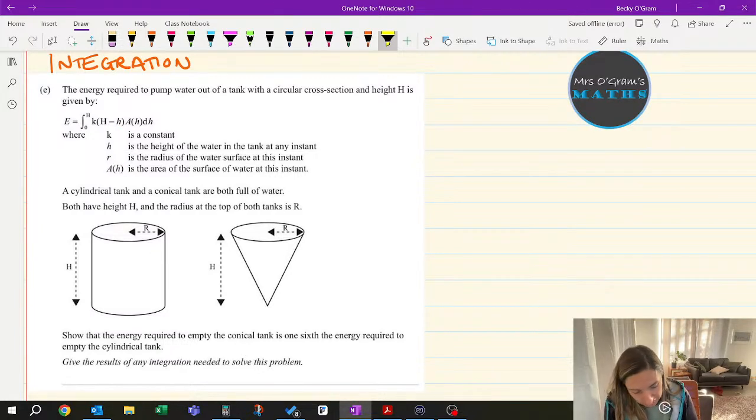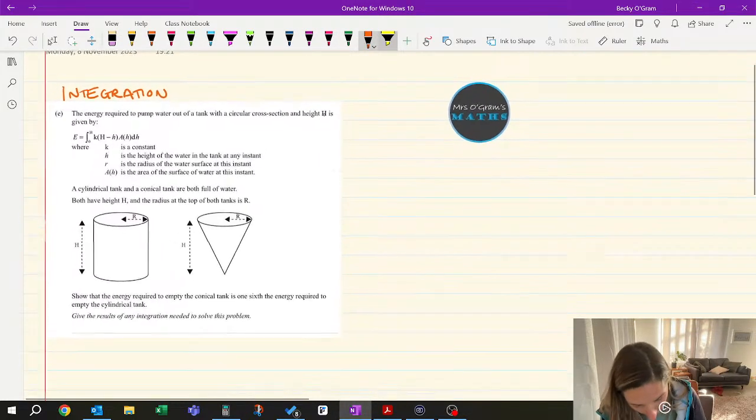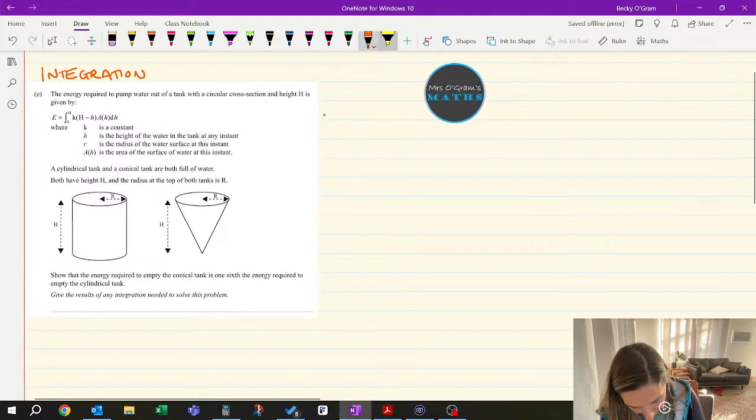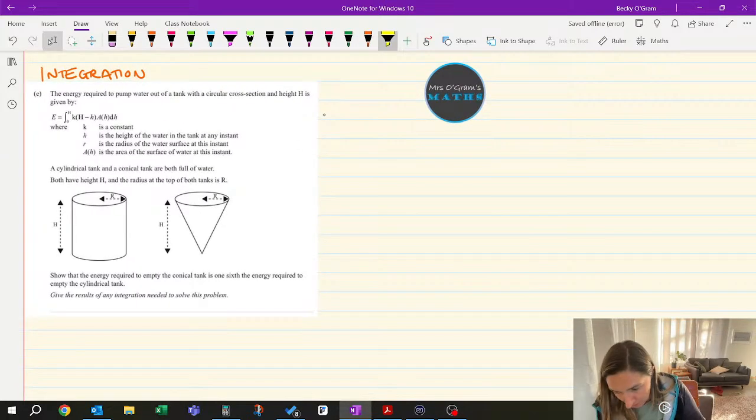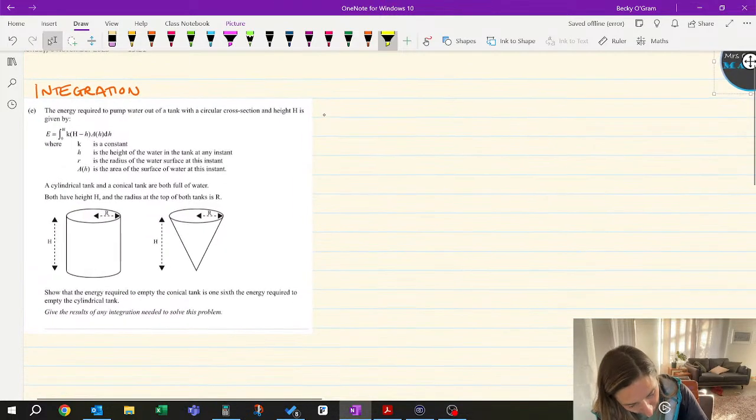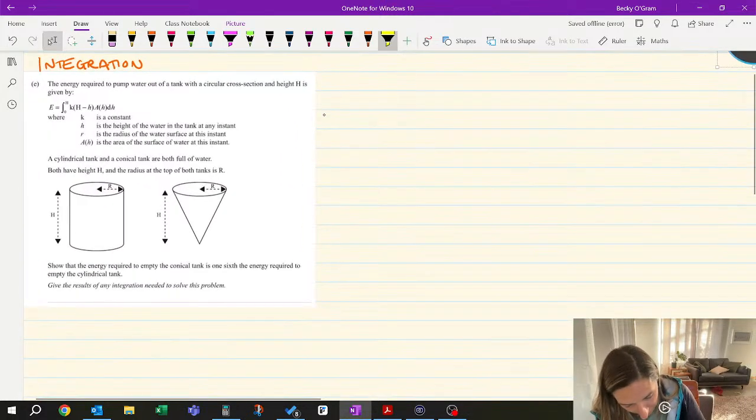So we're going to start with working out the cylinder, because that's a bit of an easier one. So let me just shrink this down and give me a bit more room. Okay, so the E equation for the cylinder.